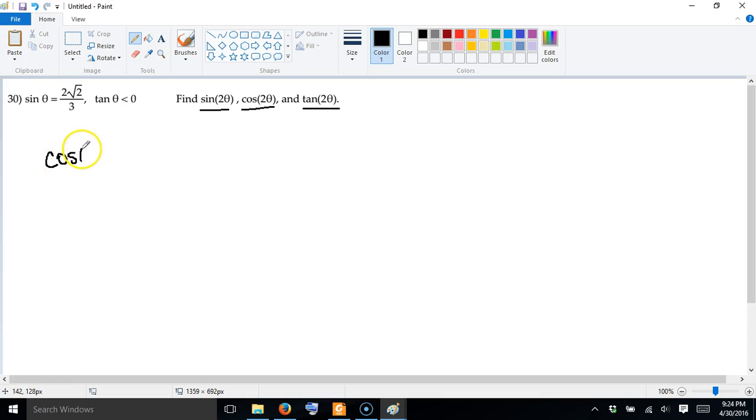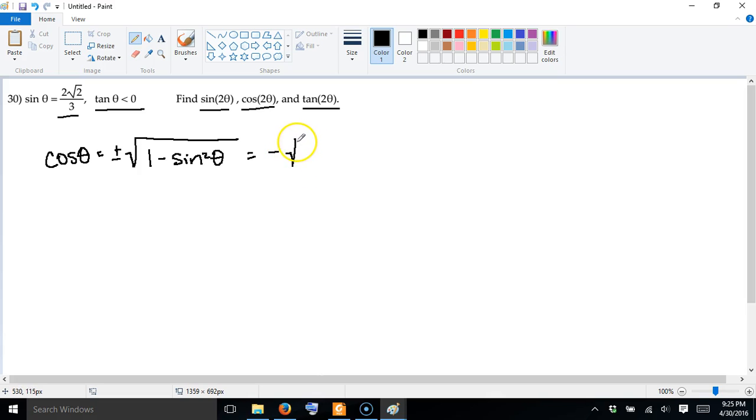This right here that I'm about to write is just the Pythagorean identity solved for cosine. And this right here tells us tangent of theta is negative, and we have a sine value that's positive. So this means we are in the second quadrant, and cosine is going to be negative.